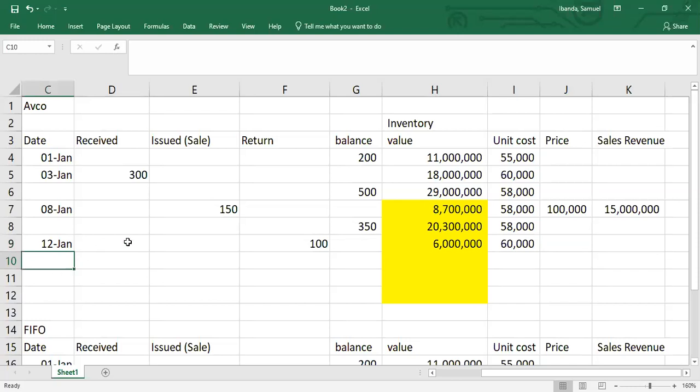So on if you're to determine the balance, since we had 350, this will now come to 250. Okay, it will come to 250. Now, in terms of course, what we have remained with, remember, when you look at, we have inventory of 250 that we have remained with.